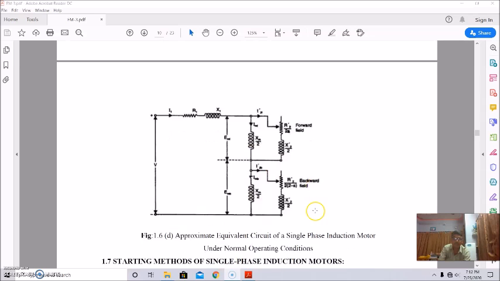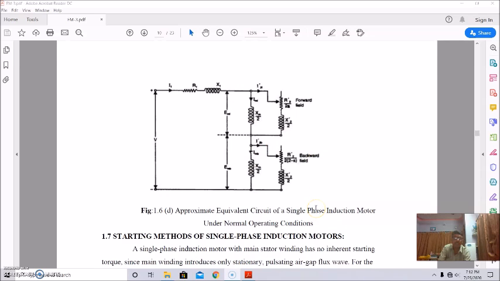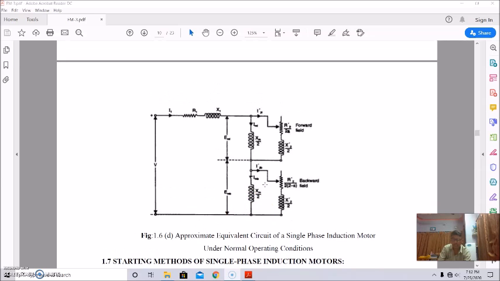This is the approximate equivalent circuit of a single phase induction motor under normal operating conditions.